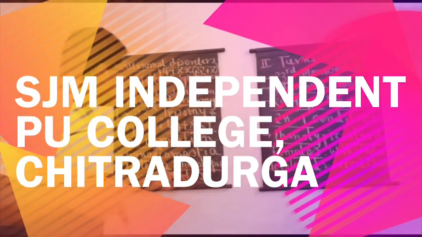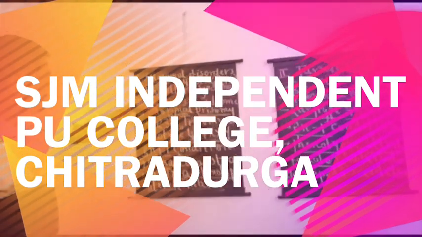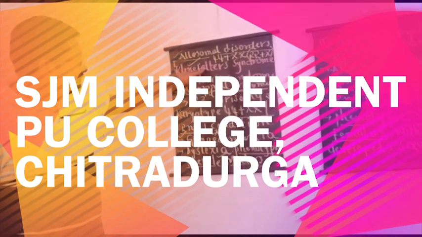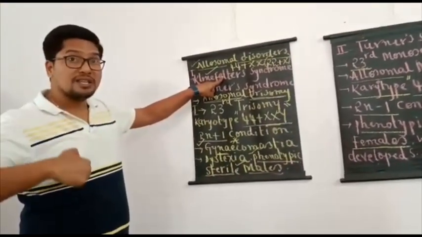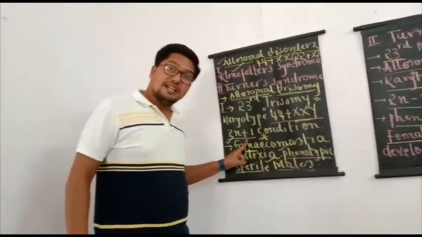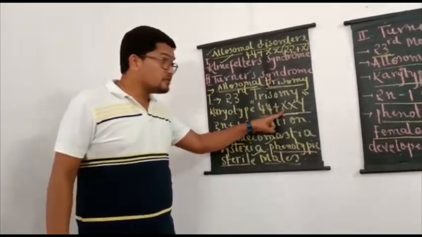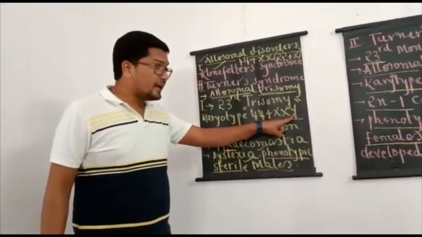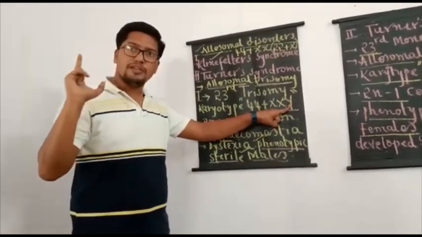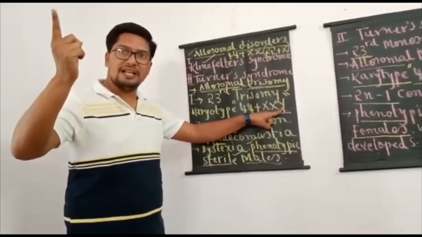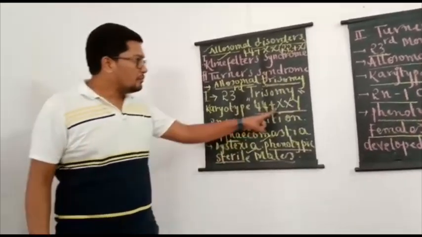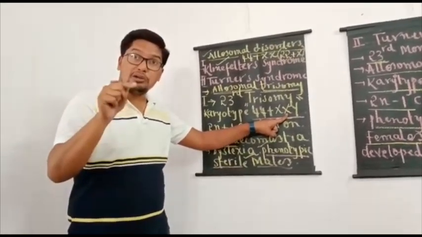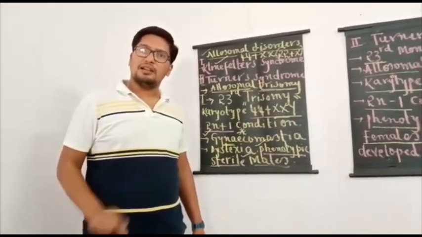And if you come here, I said the babies born with Klinefelter syndrome are phenotypic males, and if you ask me why their physical appearance is like a male, it is very clear. In their karyotype, a copy of Y chromosome is present which causes the maleness, but they are sterile. And why are they sterile? Because they have an additional copy of X chromosome in their karyotype.